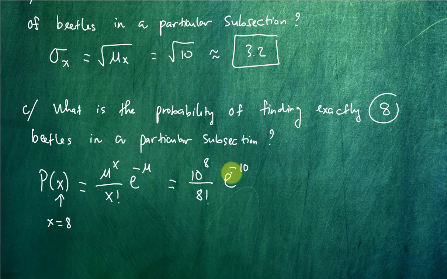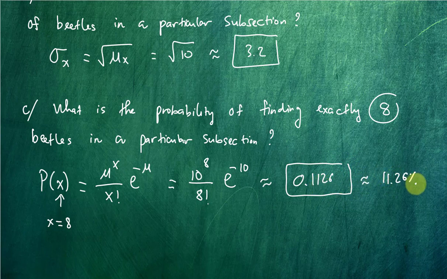And if you do the calculation, you should get 0.1126. Okay, and that is around 11.26% or 11%. Now, how do I interpret this answer?